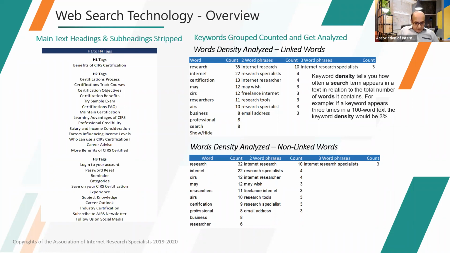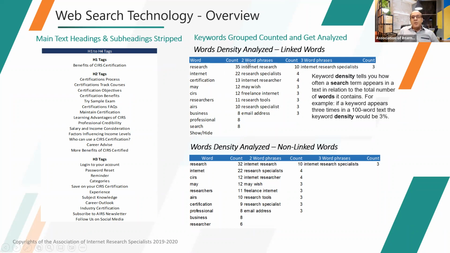It is only the keywords and the search phrases that it is going to match and identify with your search queries. So it looks for the frequency of how many times a single word appears on that page. For instance, the word research has a count of 35. Internet is the second highest number of occurrences, so the word internet comes 22 times.